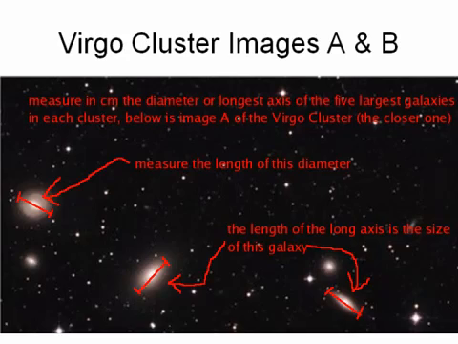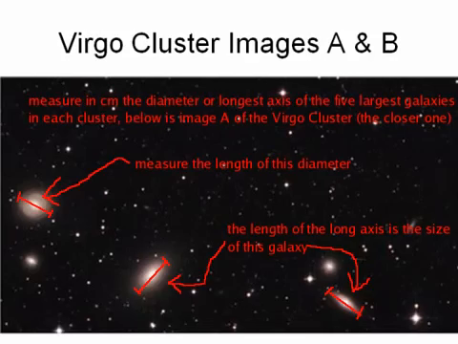You just don't want to measure the Virgo cluster at work, and then go home to a small notebook and measure the Hercules cluster. Then you've changed scales and your numbers will be off. So make sure you do these measurements on the same computer.